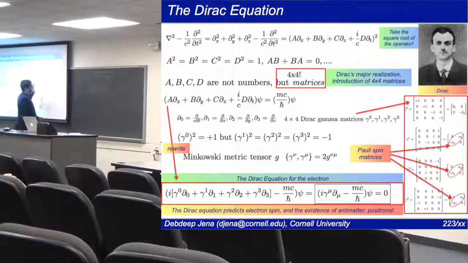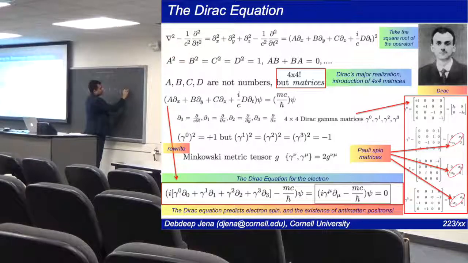What he did was take del squared minus 1 over c squared d squared by dt squared, and he was able to write it as the perfect square of an operator plus i d over c del by del t.